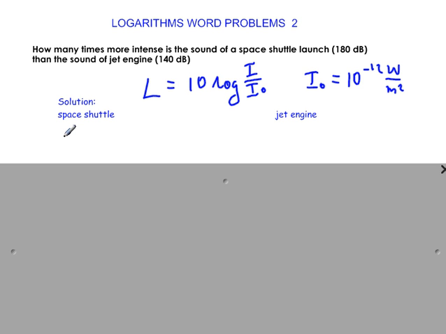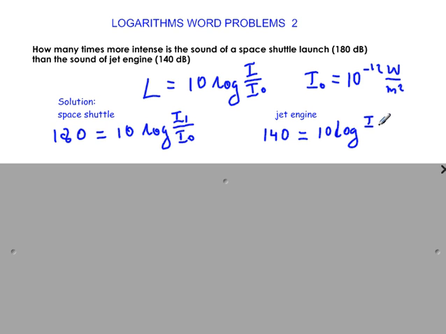So the space shuttle loudness is 180. So this is 180 equals 10 log, and we are going to use I1 for the intensity of this first object, divided by I0. And you can see that for the jet engine, with a loudness of 140, the intensity will be denoted as I2 divided by I0.